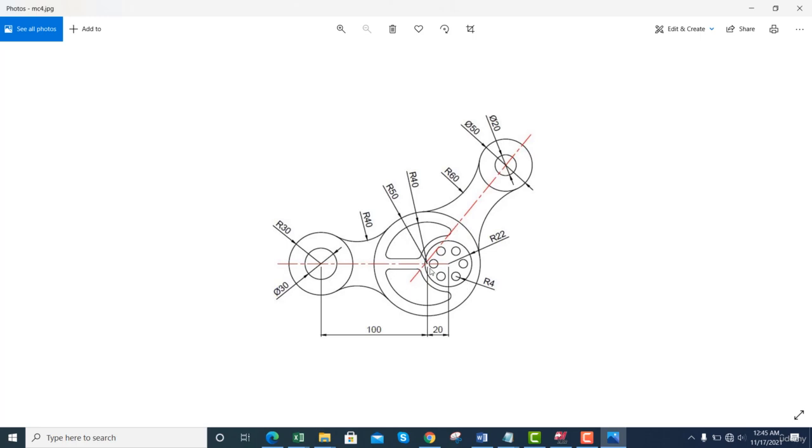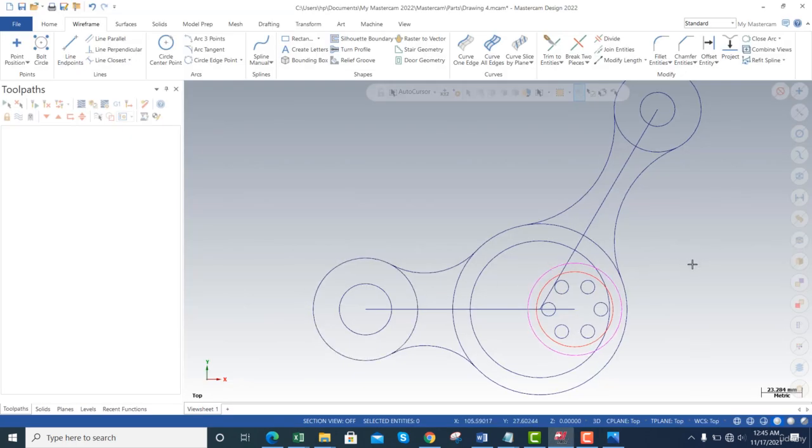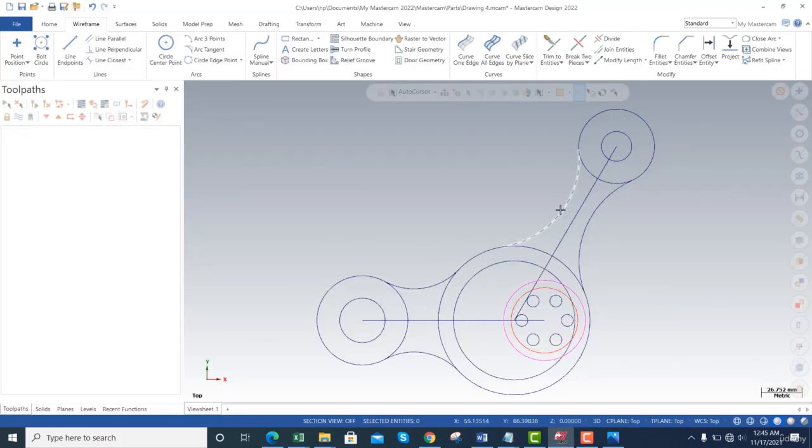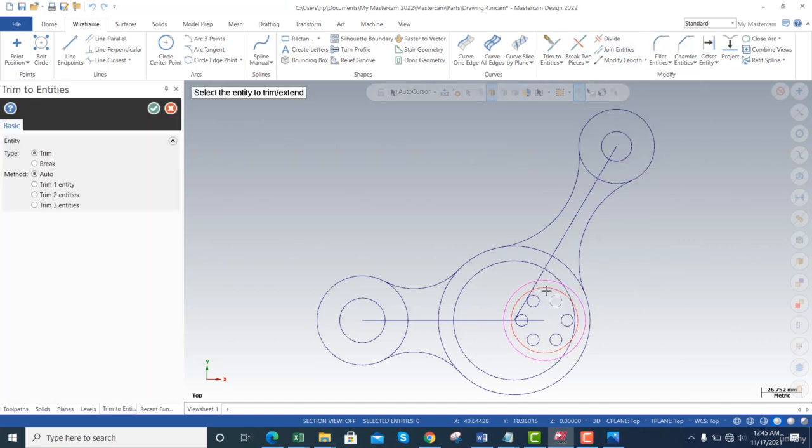Now we have this little modification. We don't know its dimension, but we'll make a guess. First of all, I will trim this portion of the circle. So I will go to trim and I will trim this circle by this. Again I will trim this circle. Okay, let's break it.